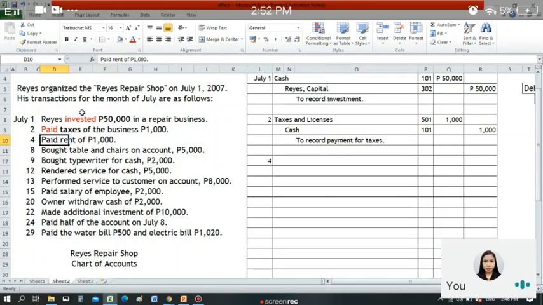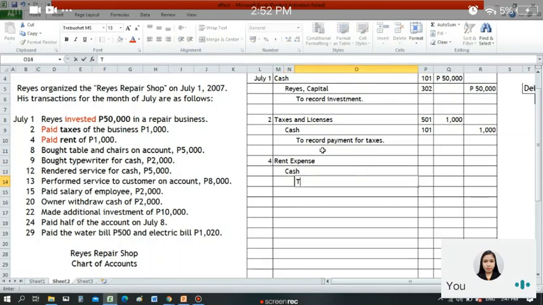So, highlight ko yung paid. This signifies that you decrease your cash, kaya kinikredit natin siya. And then, what did you pay? The rent. So, debit is, kung anong binayaran mo, rent expense. And then, credit cash.